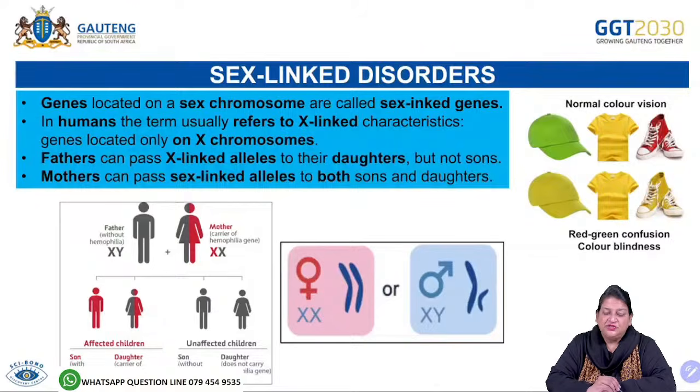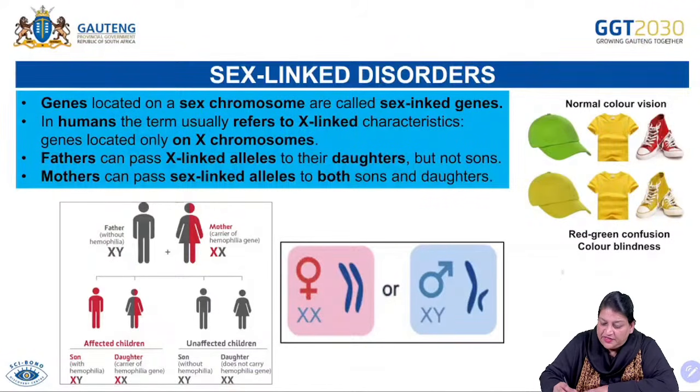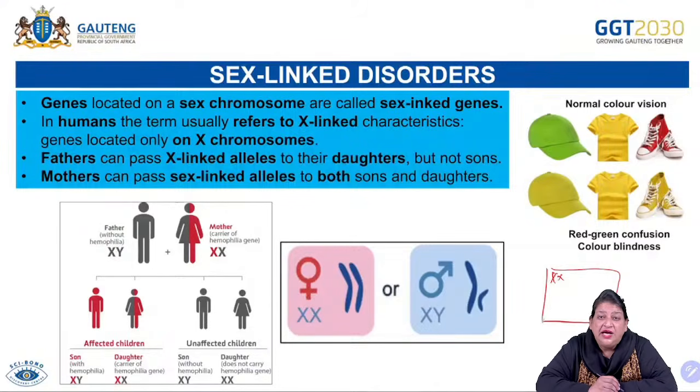Now let's look at your sex-linked disorders. And your sex-linked disorders, learners, you must remember that on your karyotype chart, you know what's a karyotype chart? It's a chart that shows you the chromosome size and numbers, from pair 1 to pair 23.